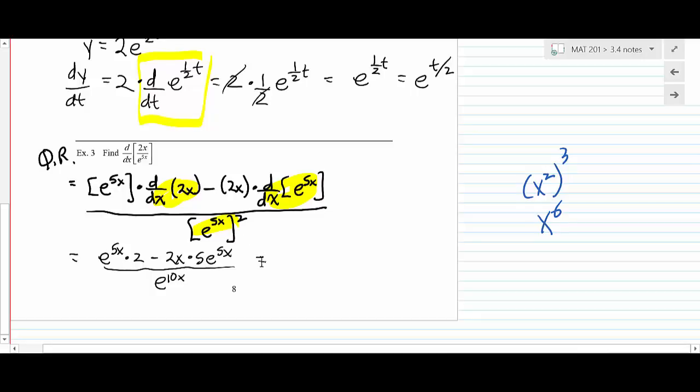Okay, now what I'm going to do is clean this up a little bit. I'm just going to write that as 2e to the 5x minus, and then 2 times 5 is 10x e to the 5x, over e to the 10x like that. Now you want to look at this, because when you're doing a quotient rule, factoring is a big deal.